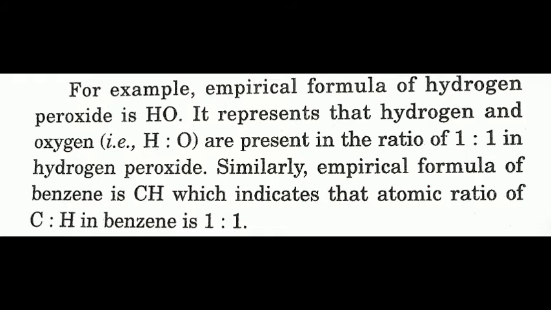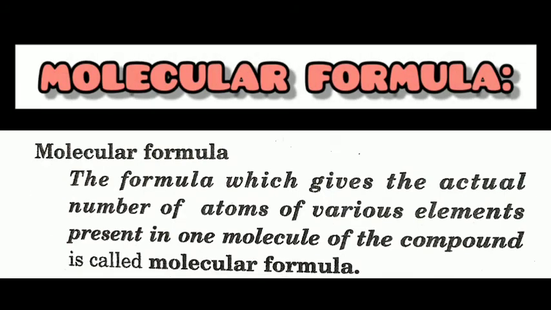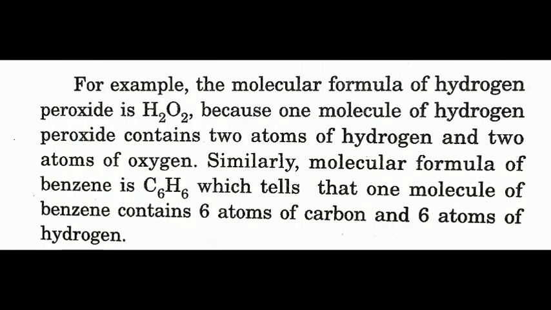Similarly, the empirical formula of benzene is CH, which indicates that the atomic ratio of C and H is 1:1 in benzene. Now, what does molecular formula mean? The formula which gives the actual number of atoms of various elements present in one molecule of the compound is called molecular formula. Let's again take the examples which we have cited above.